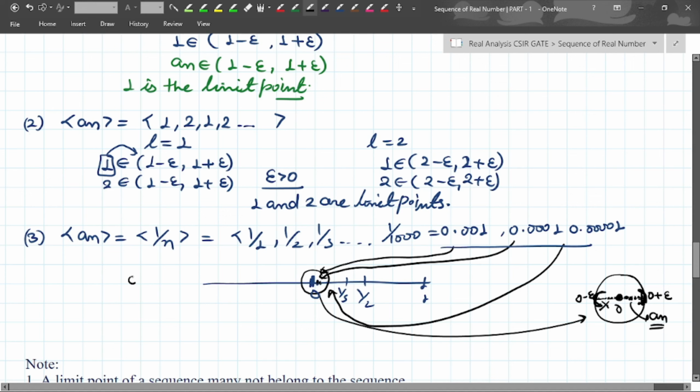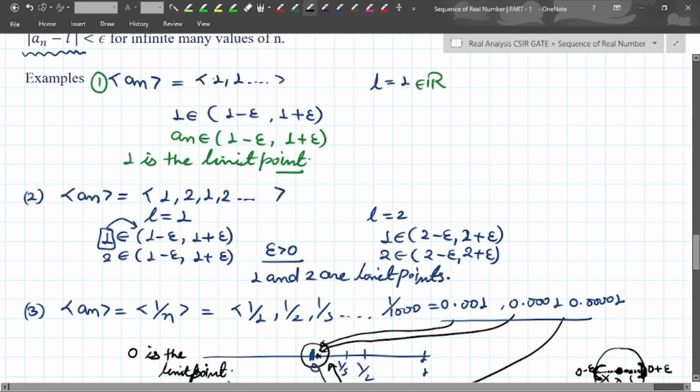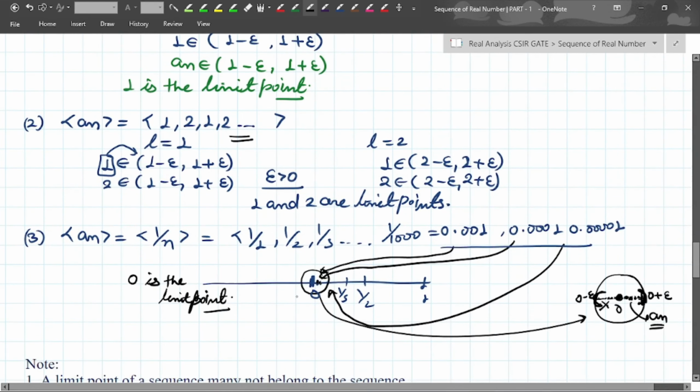So 0 is the limit point. But see, in the earlier examples my limit point belongs to the sequence. Here the limit point does not belong to the sequence. It means a limit point may or may not belong to the sequence.